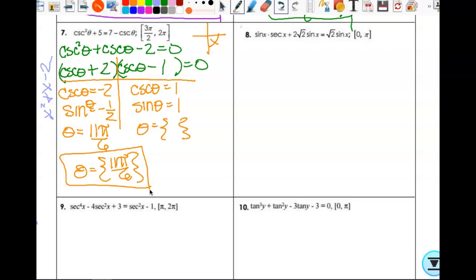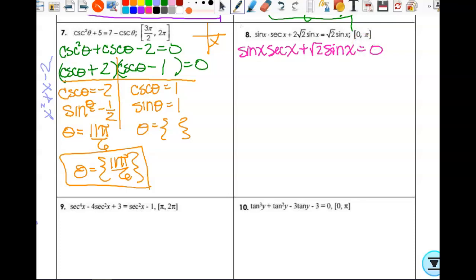All right. This next one, I don't have a quadratic, and I have mixed trig stuff. Since it's mixed, I think I just need to move everything over to one side, so I'm going to move it all over to the left since there's more over here. So I have the sine of x times the secant of x, and then this is 2 square roots of 2, and I'm going to subtract 1 over when I move it, so that'll just be plus the square root of 2 sine x equals 0.